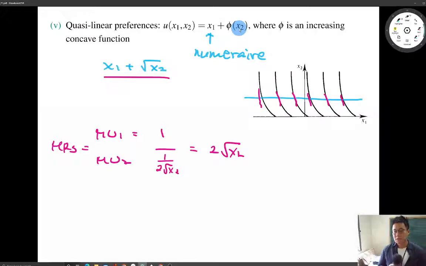This quasi-linear preference is commonly used when we study auctions or mechanism design in the future, so it has a nice property. One more interpretation is that we usually take this numeraire as money, so it stands for transferable utility.